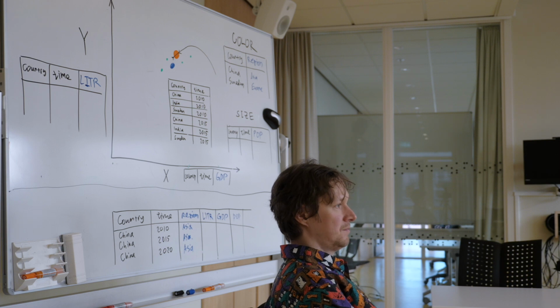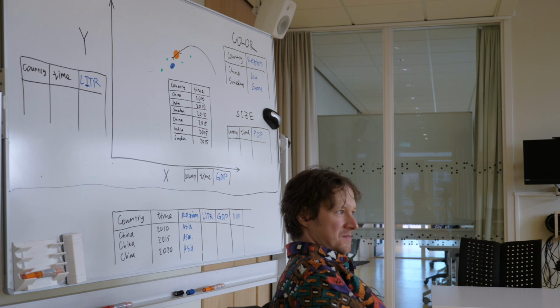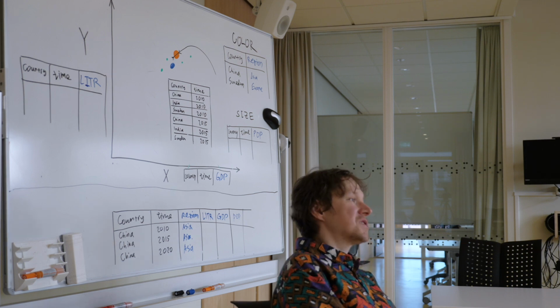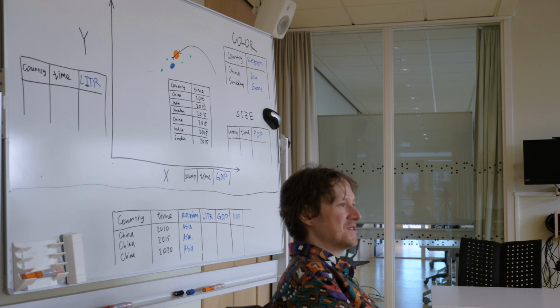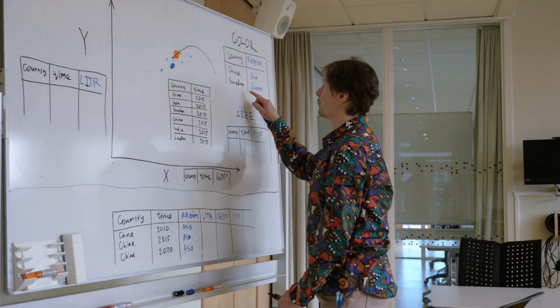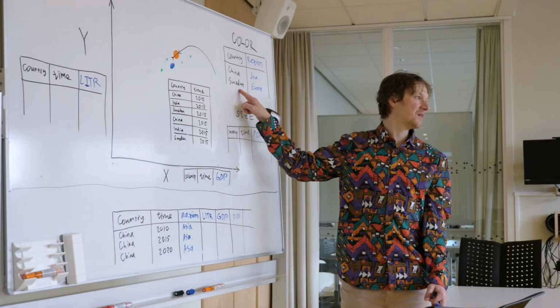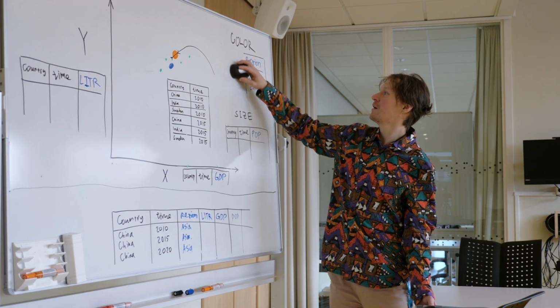Would it disappear? Almost completely. Because it's still orange color, right? You still have to have orange somewhere. So in this case, would it depend on country? No, not anymore. So we remove this column.